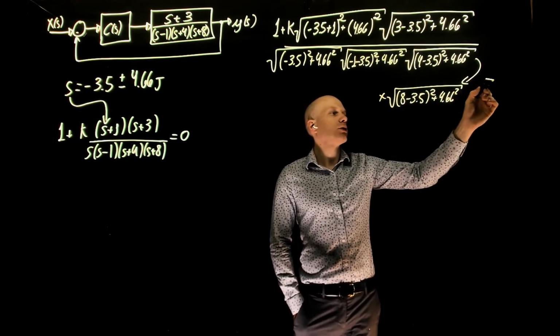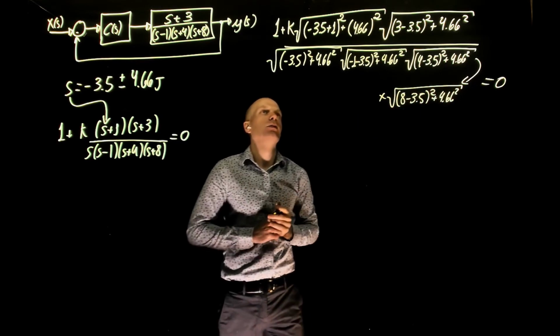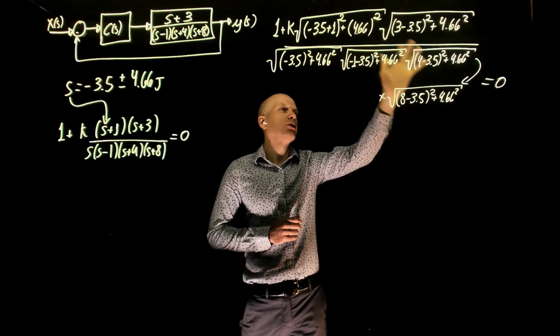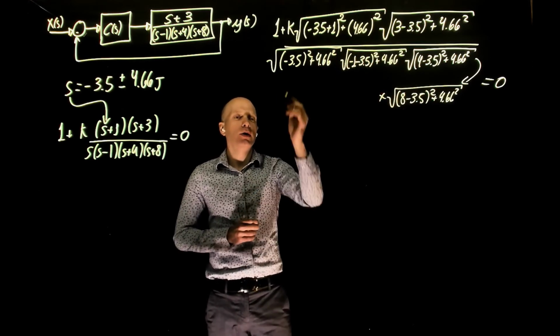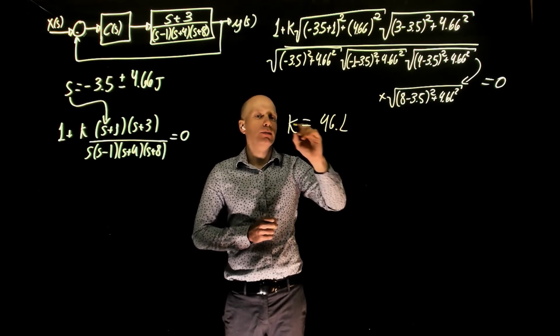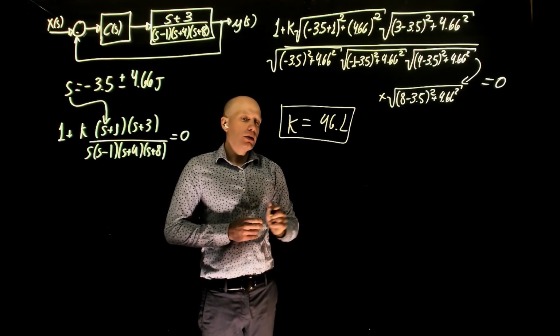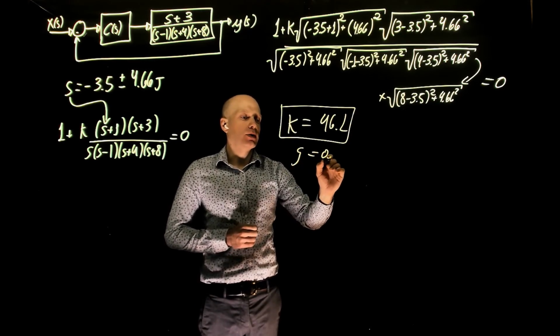And now we equate that to 0. This term here is part of the denominator. Now all these multiplications will give a real number, and you can now solve for K, and K should be around 46.1. At this value of K, the system has a damping ratio of 0.6.